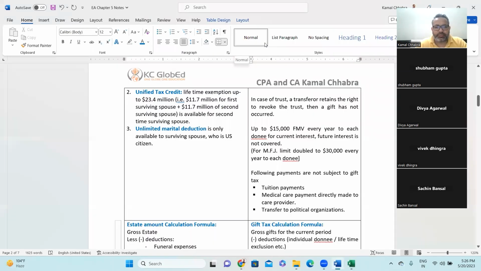That's what it means. Unified tax credit, lifetime exemption up to $23.4 million, that is $11.7 million for the first surviving spouse and $11.7 million for the second surviving spouse, is available for the second time surviving spouse.